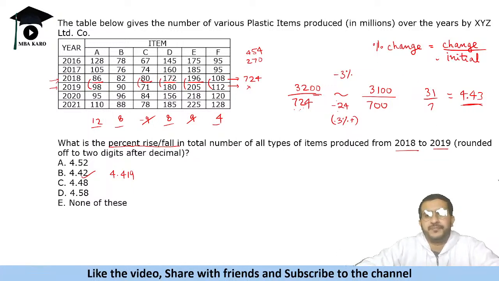Okay, so this is a case wherein people generally avoid calculations because this is a calculation intensive one. So if time is less, definitely avoid this question, but if time is more, you can apply these techniques to get the accurate answer to the question. Okay, so 4.42% will be the answer.